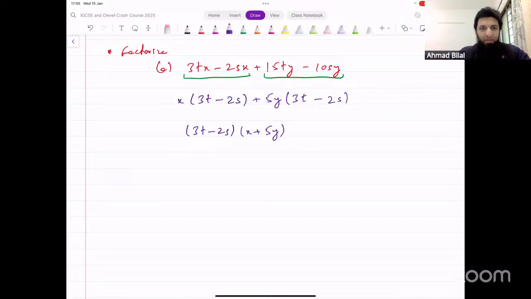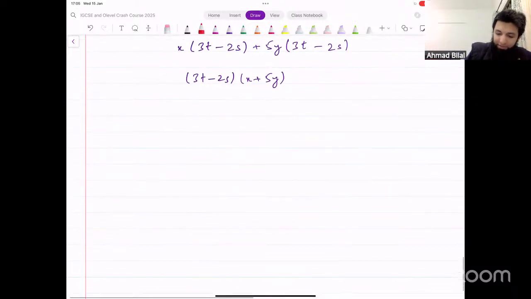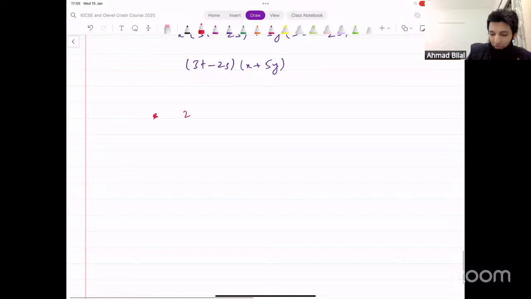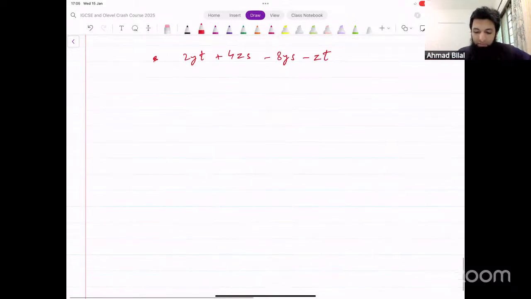Let's say you've got something like this. You want to factorize 2yt plus 4zs minus 8ys minus zt. You want to factorize this now. Any idea about this? How is this going to work? How do you factorize these four terms now? 2yt plus 4zs minus 8ys minus zt.